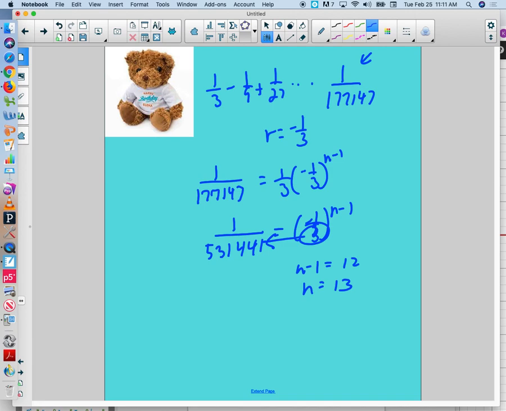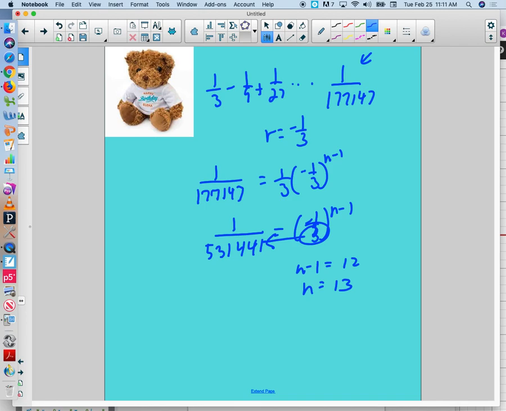So wouldn't you get 1 over a number smaller than 177,147? It should tell us the number of the term, though, is what I'm saying. See how I set it up? I took a sub 1 and multiplied by negative 1/3 to the n minus 1 power to see where I was landing, to see how many terms I had. But maybe what you're saying is right. I'm not seeing what the problem is.